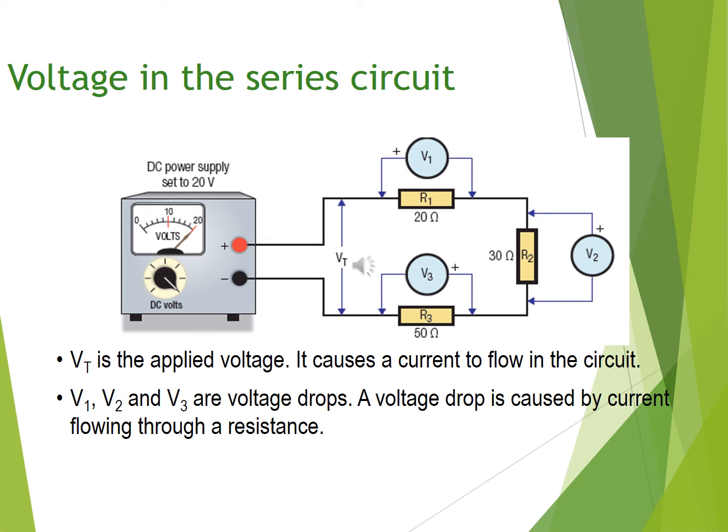And R1, the resistance value, is like a tap that's turned off somewhat, say turned off 20%. If we had a tap turned off at 20% with water flowing through it, you would have a pressure drop across that tap. Well, that pressure drop is, if you like, the voltage dropped across that resistor.